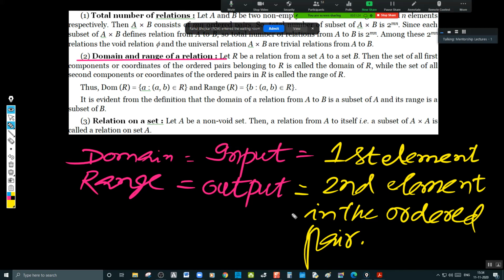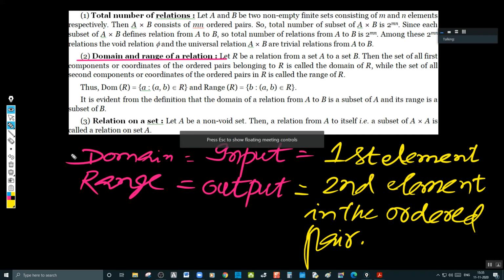Whatever value you get is the range. Input is the current, output is the fan rotation. Input is the current, output is the light. Input is the current, output is the flash.